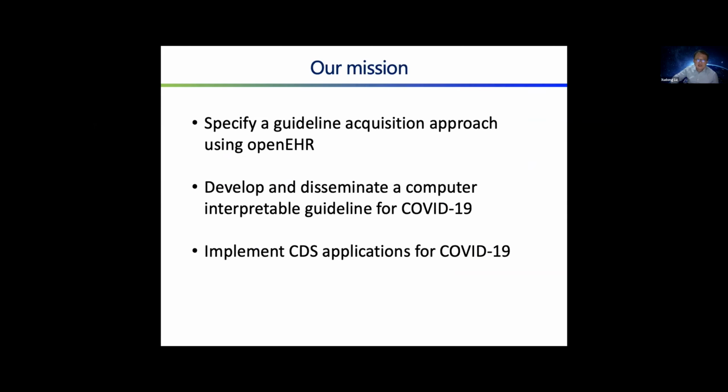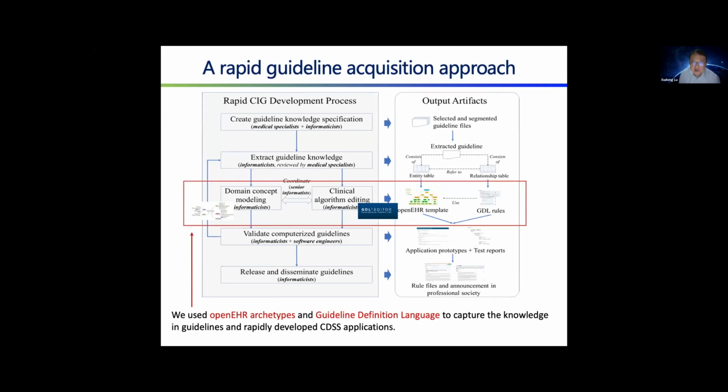Firstly, we needed to specify a guideline acquisition approach using these tools. Secondly, we will develop and simulate shareable computer-interpretable guidelines. So this is the flow of the approach. At first, we needed to create the guideline knowledge specifications, which is usually done by the specialists and the informaticians.